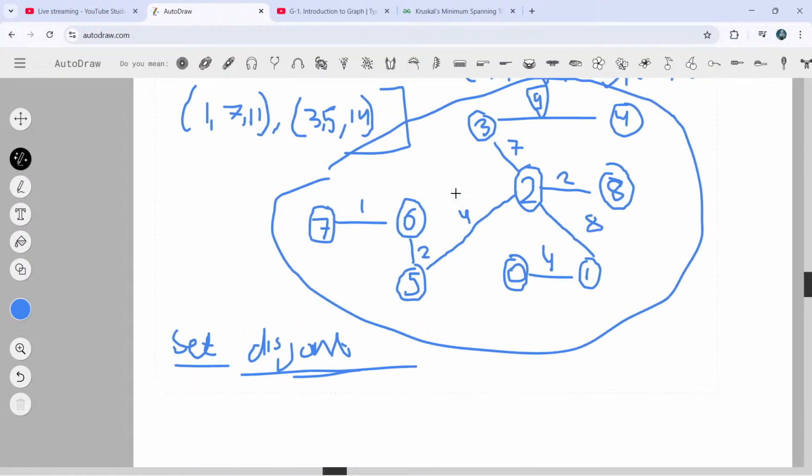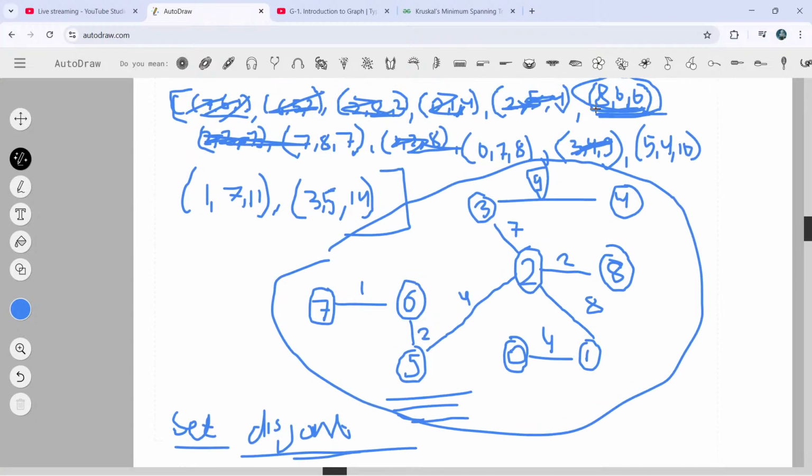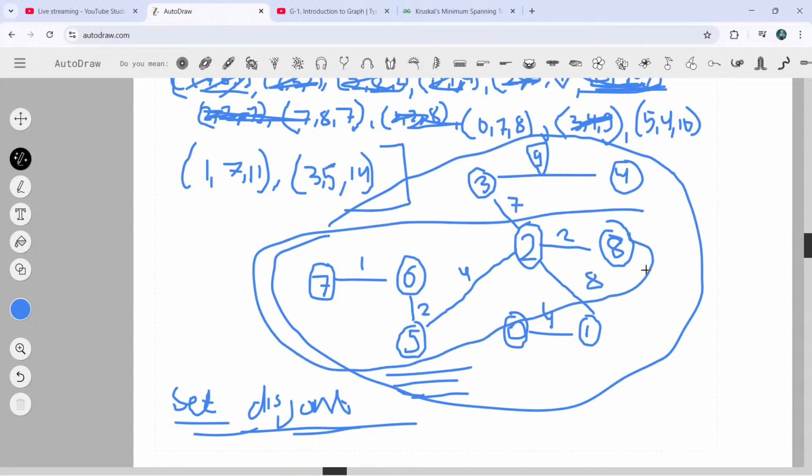So basically what we will be doing to figure out if it contains a cycle or not: let's say when we were adding 8 and 6, they were already in the same set. Now if we maintain a disjoint set, these will come into the same set and have the same common representative.